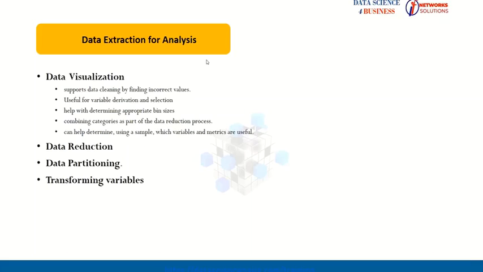Then we come to partitioning. Just like I said earlier when I was introducing the problem to you, in machine learning, if you have a set of historical data, you don't want to use everything to develop your model. So you divide it into training and testing. A percentage of it is for training.